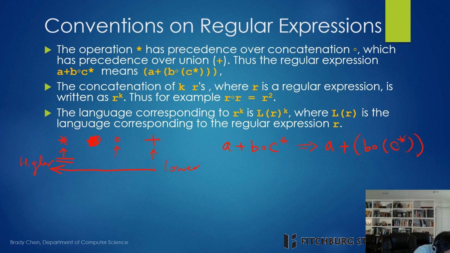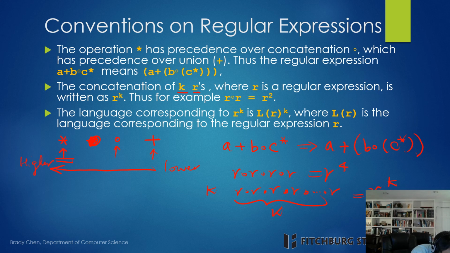If we use the concatenation repeatedly, the concatenation of k R's, for example 3 R's or 4 R's, where R is a regular expression, then the concatenation of 4 R's is going to be written like R to the fourth. So if you have k R's, it's going to be written as R to the k.